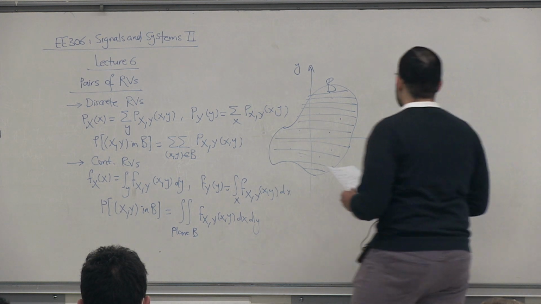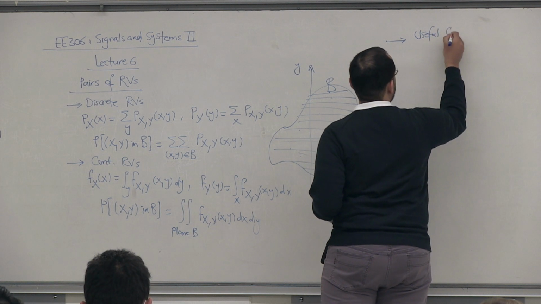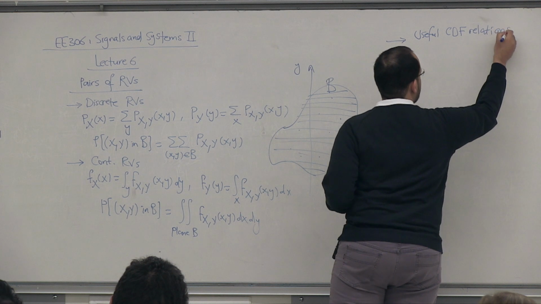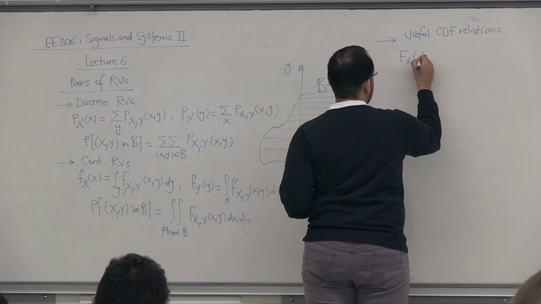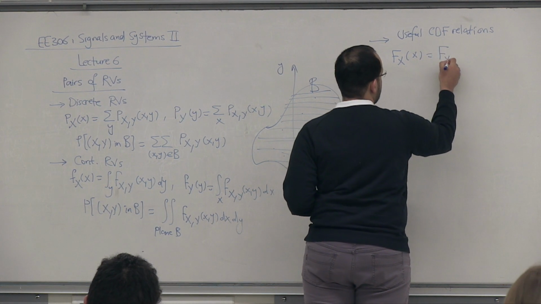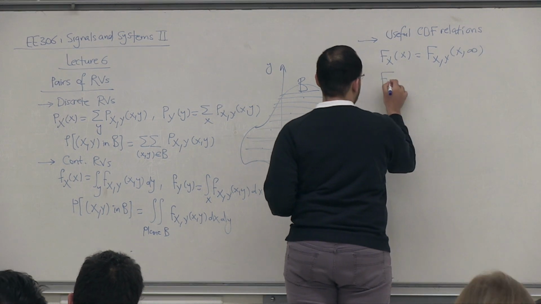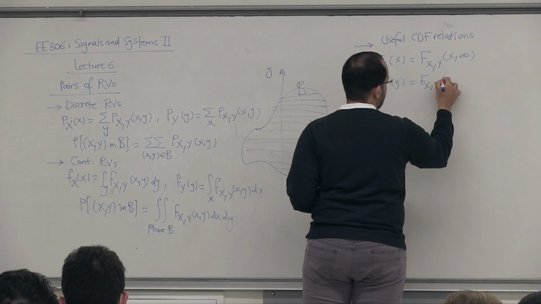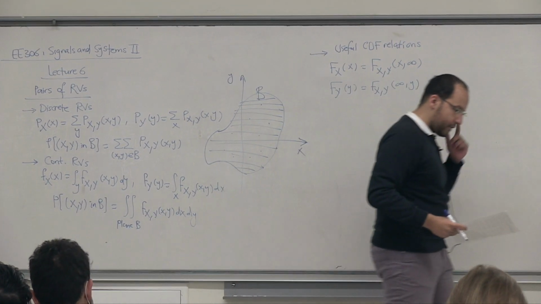All right, good. Some useful CDF relations. The marginalization of the CDF, and the marginalization for y is fxy of infinity and y. Can someone tell me why is that?